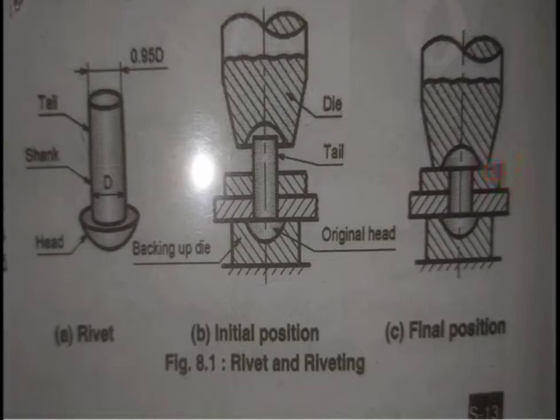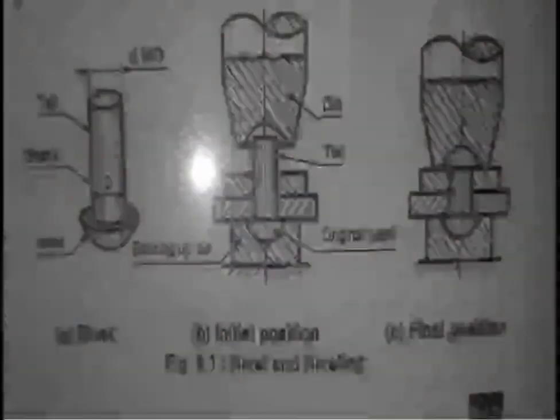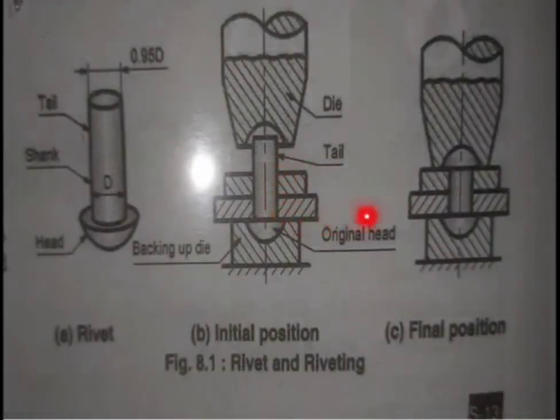The rivet is first placed in the hole which is drilled in the plates through the two parts to be joined. Pressure is applied from the tail, and this end is converted into another head.